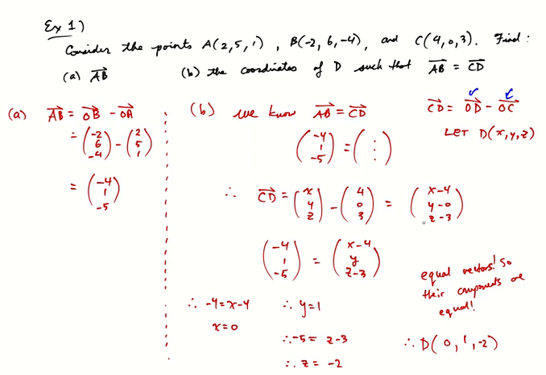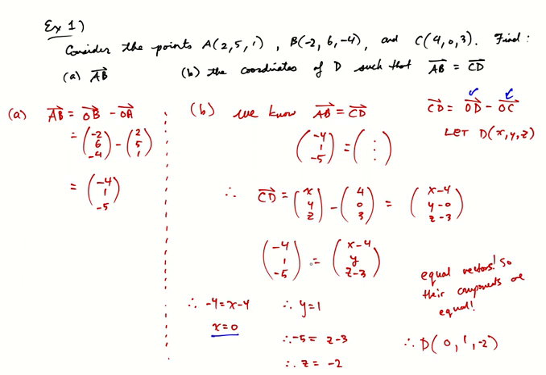Now, since AB must be equal to CD, we can say AB, right here, is equal to CD, which was here. I know that they're equal vectors, so their components must be equal. I'm really going to have three equations here. I have -4 equals x minus 4, which leads us to x equals 0.